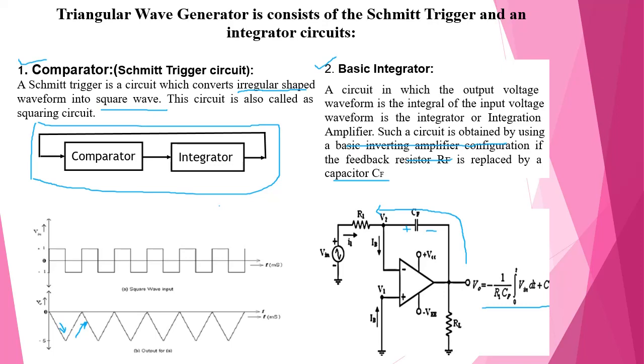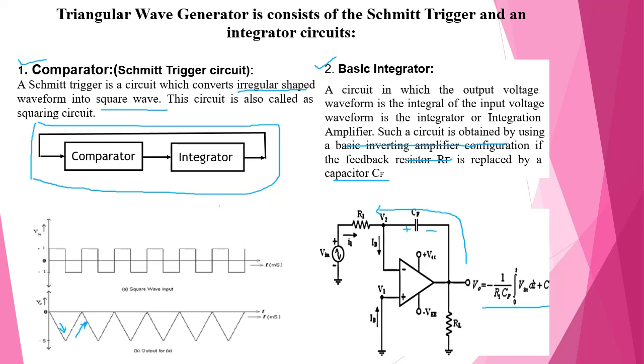Then the output of the integrator goes in the negative going direction as a ramp, because the input is at the inverting terminal of the op amp. It continues as a negative going ramp until the input changes from positive to negative.